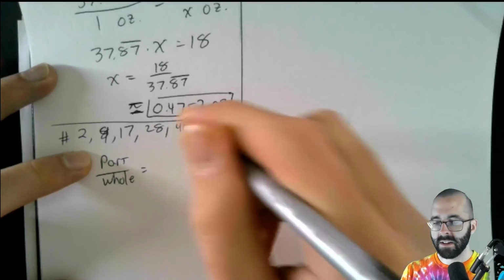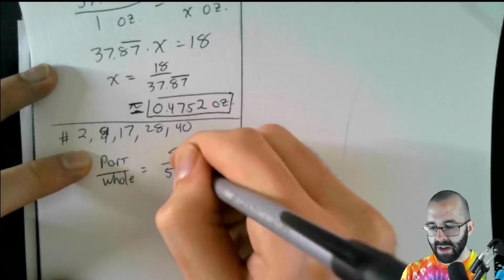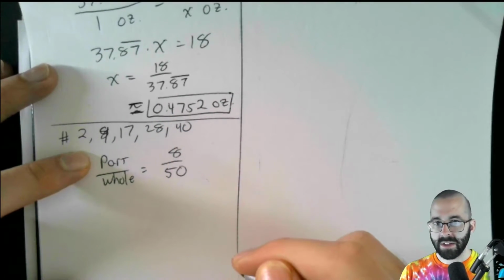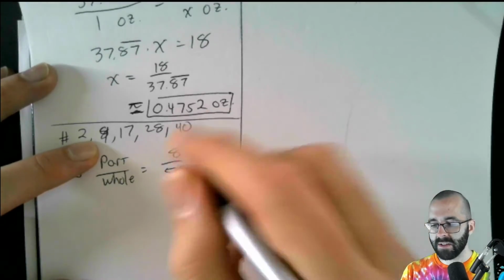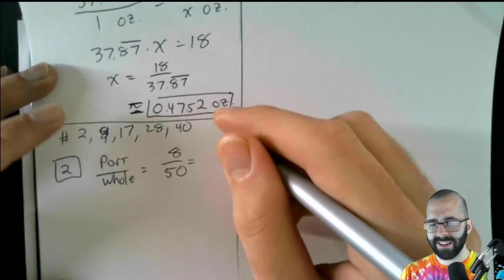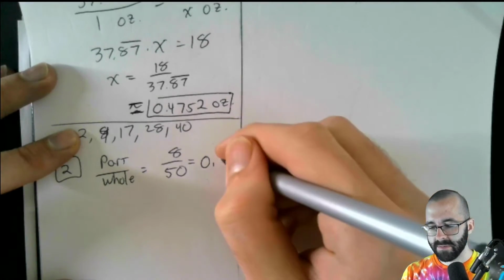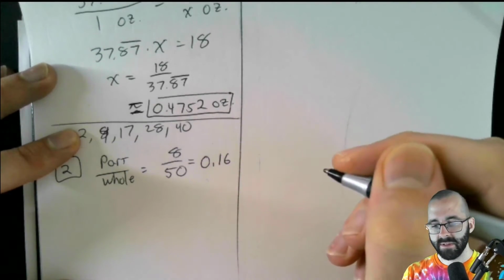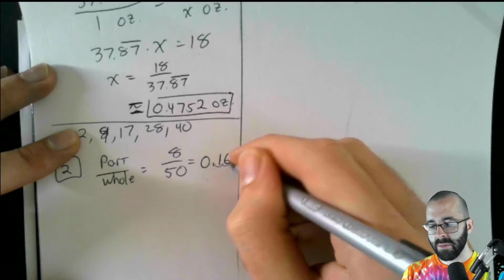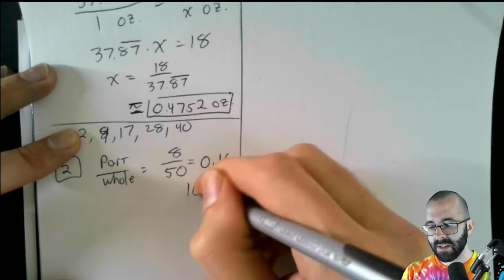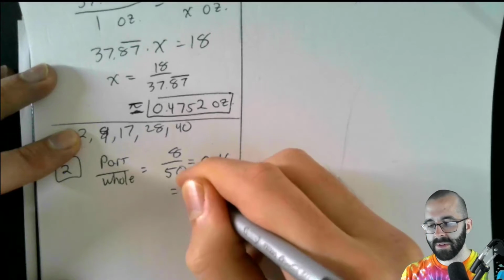That's what we're going to look at here. And it's an $8 tip divided by a $50 restaurant bill. What percent is that? Divide this out, and you should get 0.16. To convert it, move the decimal place 2 to the right. That's 16% tip.